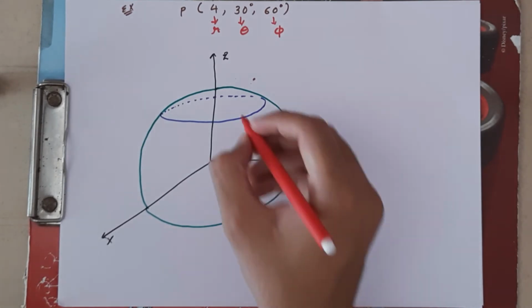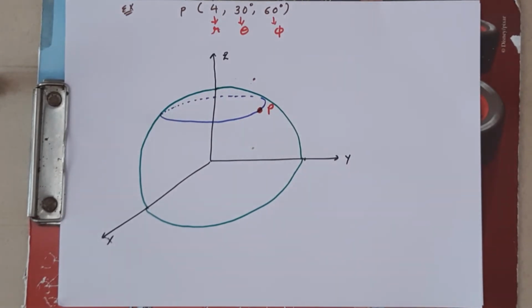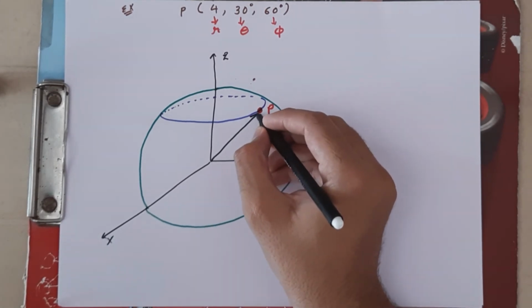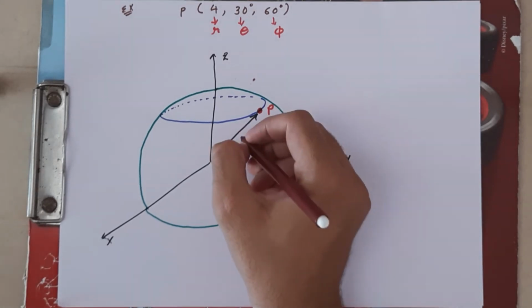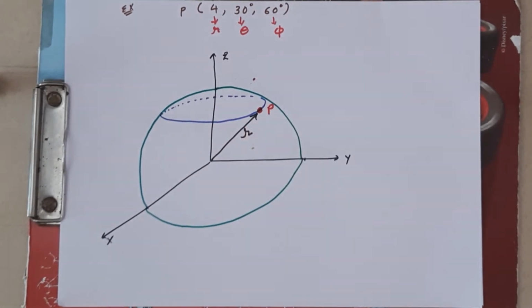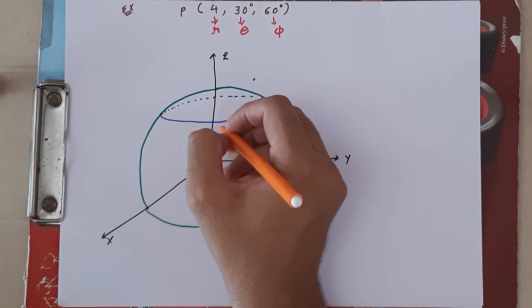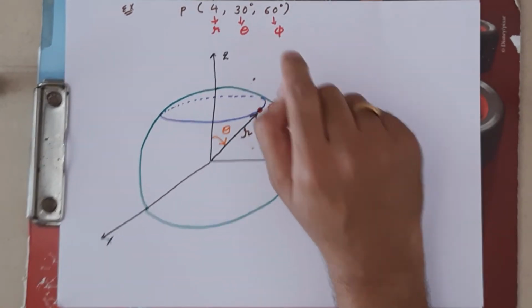This one is my point P. This one is R, the radius, and it is 4. Theta is 30 degrees with respect to the z-axis. So this one is my theta. And phi is 60 degrees.